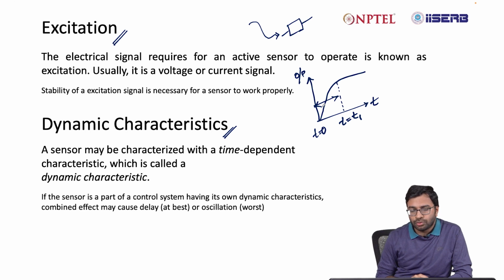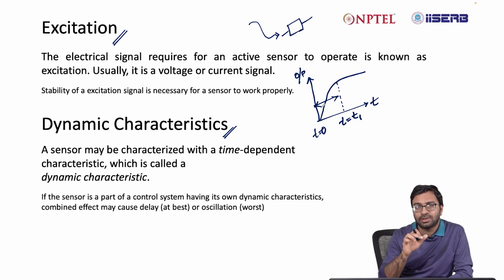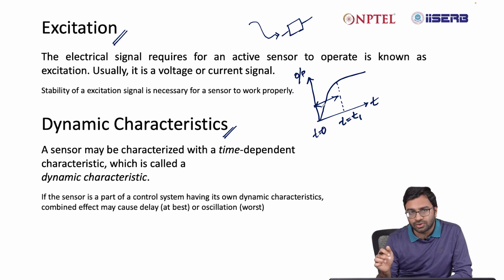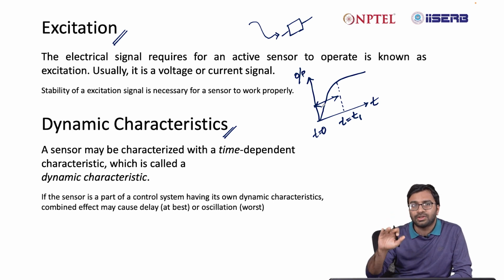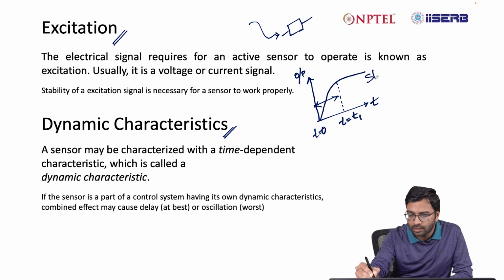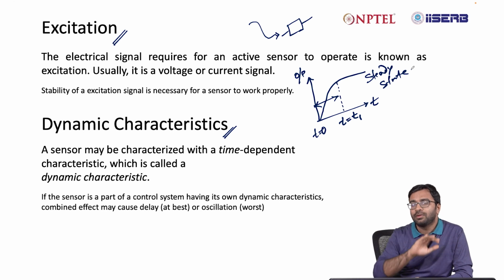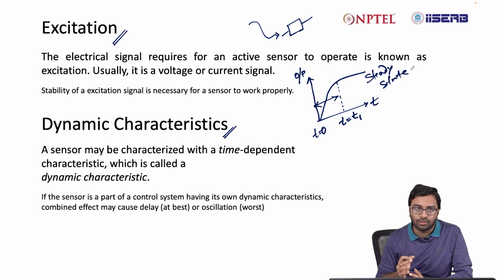In almost all sensors you will find that initially the sensor is in a transient state and eventually it reaches a steady state, where your response is steady. Steady means not changing with respect to time.